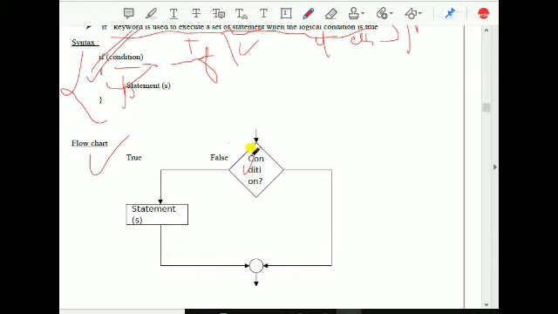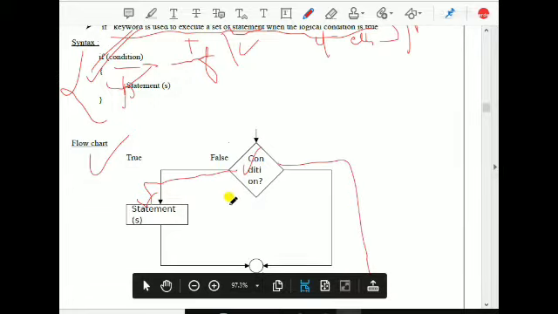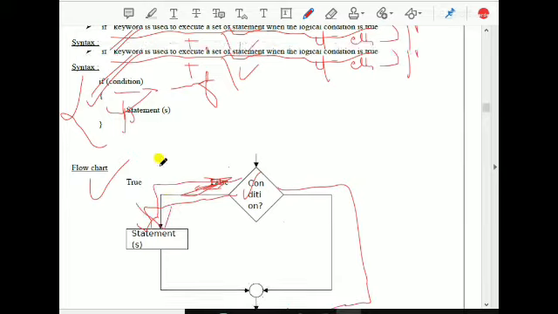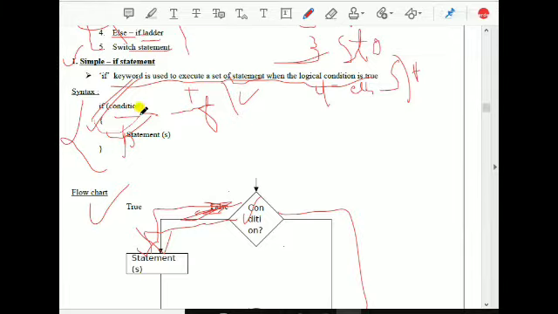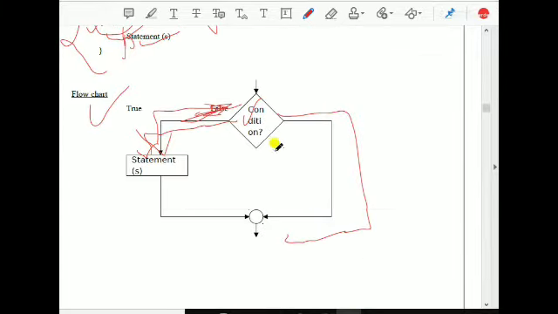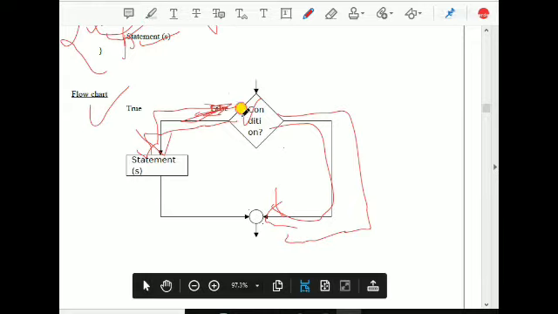See here, the condition. If the condition is true, then we go to the statement, and if the condition is false, then we exit. So if the condition is true, then statement, then after that we exit.